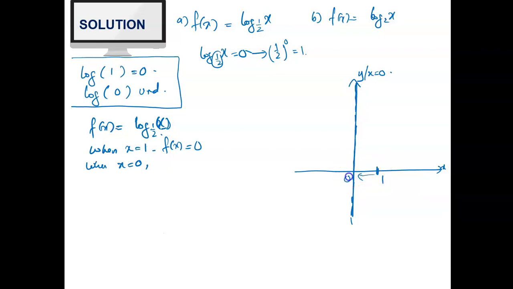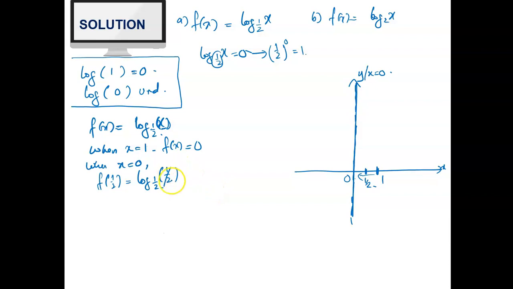Okay, between 1 and 0 here, just imagine if I have the value of x equal to 1 over 2. Okay, so f(1/2) equal to log 1 over 2 to the base of 1 over 2.